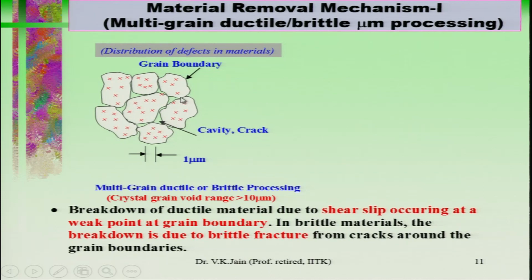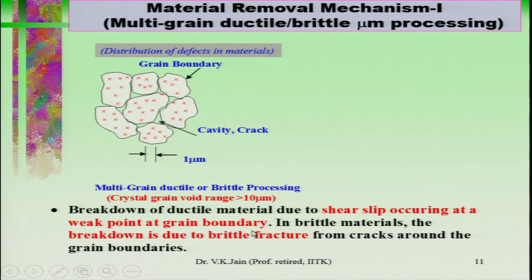Shear slip will take place when you are applying the force in this direction or in this direction, slip will take place at the boundaries. But you can see here defects are there. So, the actual strength of the workpiece material goes down substantially due to the defects. I will show you in the next slide other kinds of defects. So, actual strength of the material is not reflected when you are machining as bulk material in case of macro machining.